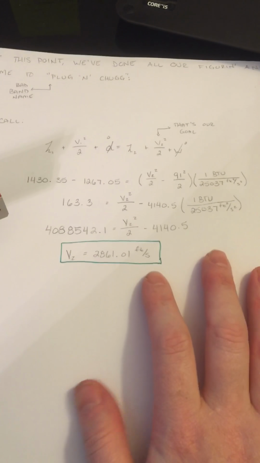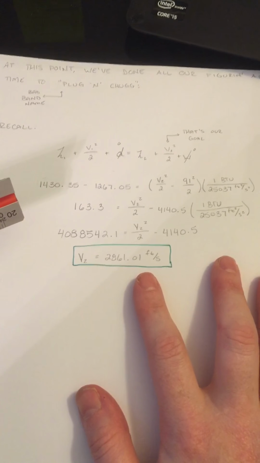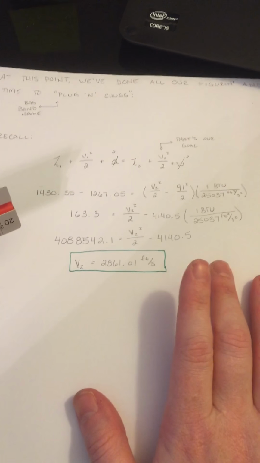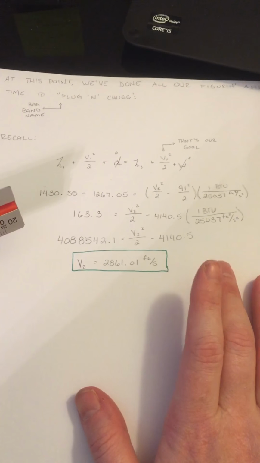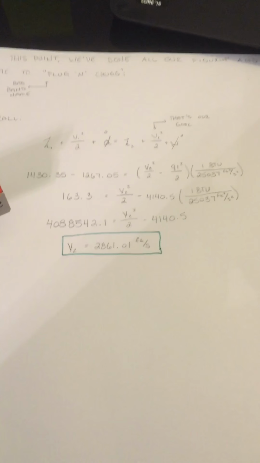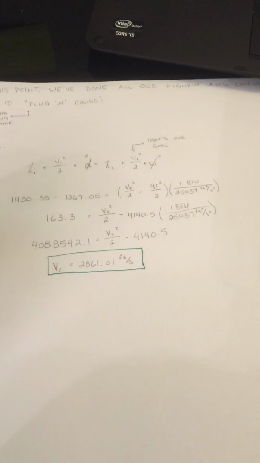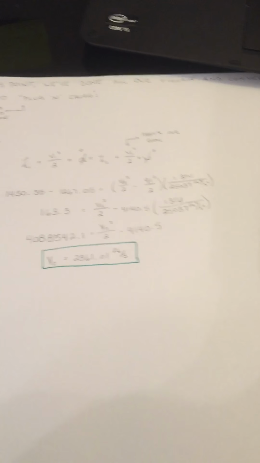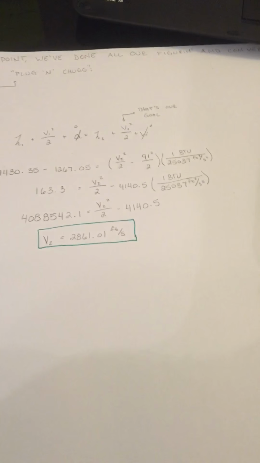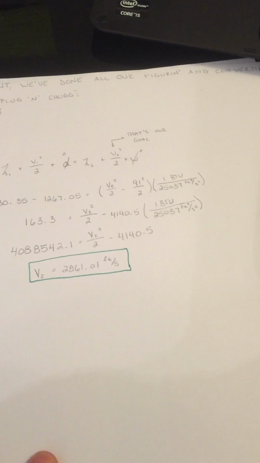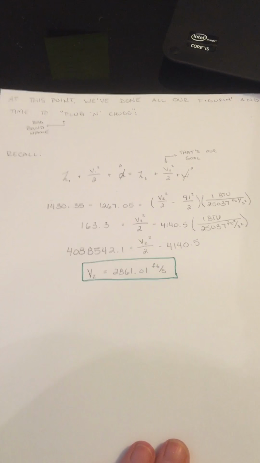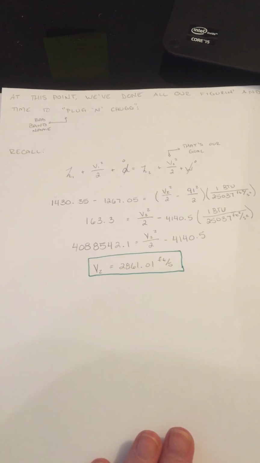But then you end up getting your V2, eventually, as 2,861.01 feet per second. When I did this problem on my own the first time with my numbers, that's pretty similar to what I got, though the pressure for this problem is way greater than mine was. So I hope that helped, and I'm going to keep drinking and doing homework. So yeah.